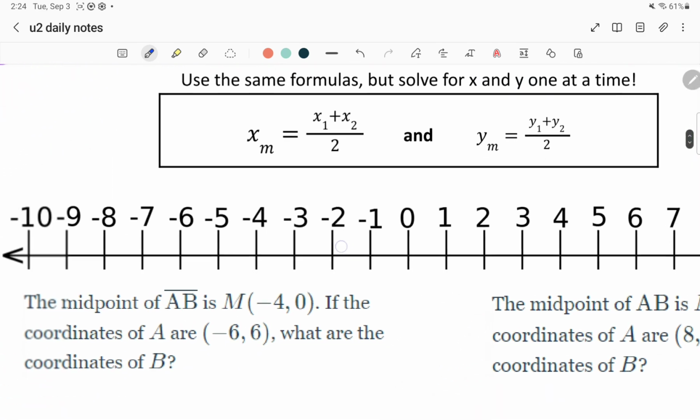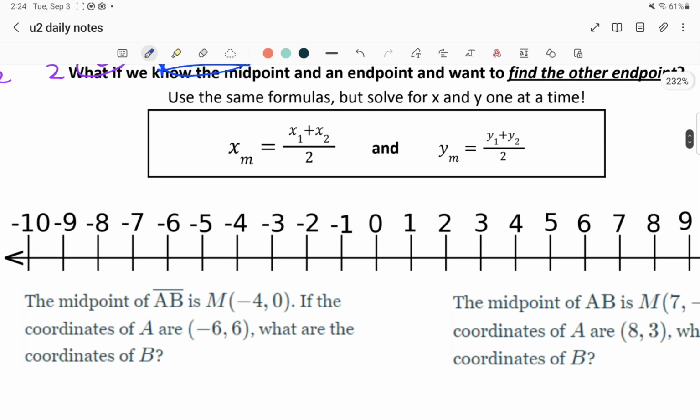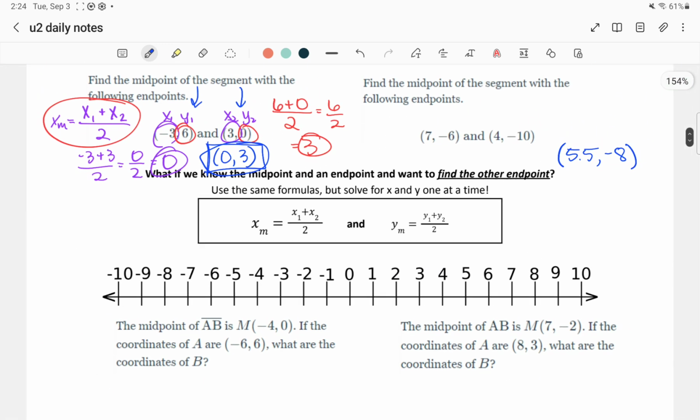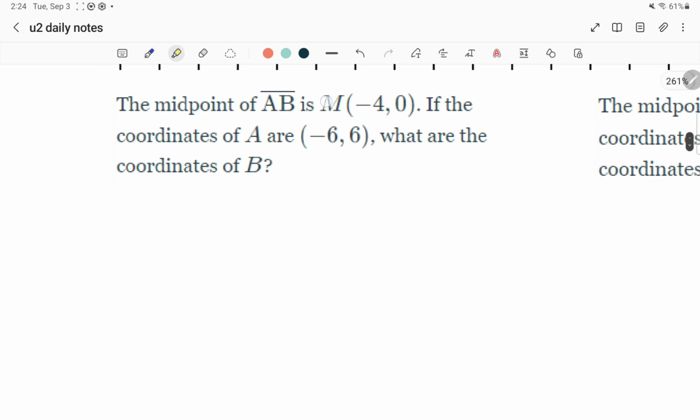Okay, last thing. This is the weirdest one, but we're still using the midpoint formula. The only difference now is instead of being given endpoints, I am given, we'll show the question, I'm given the midpoint, and I'm given one of the endpoints.